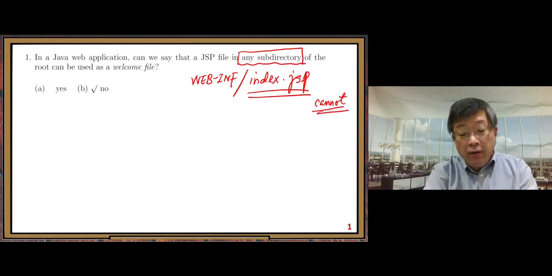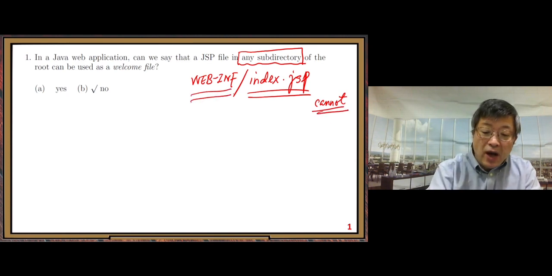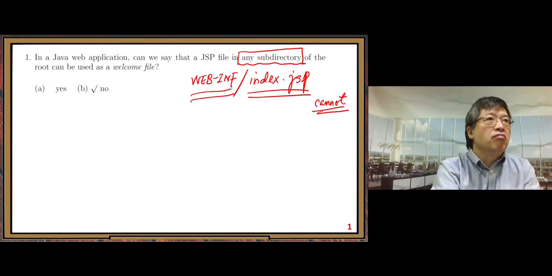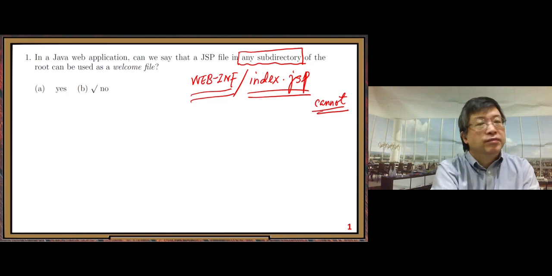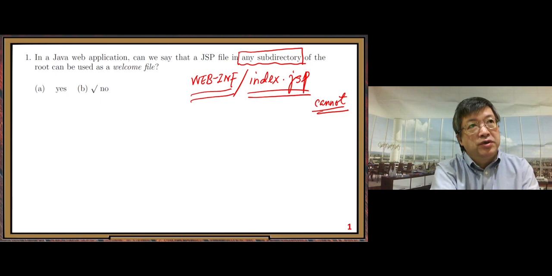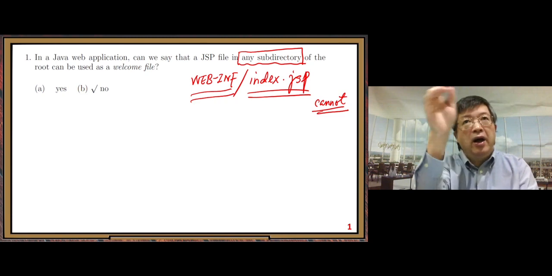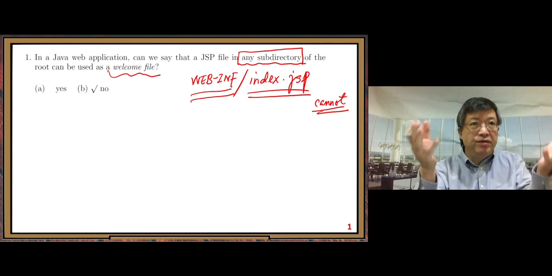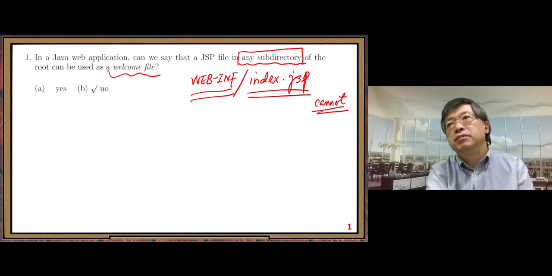The reason is simple. Outside users cannot access anything inside this directory. They cannot access any resource under this directory through a URL. But for the welcome file, people can only access it through a URL, right?